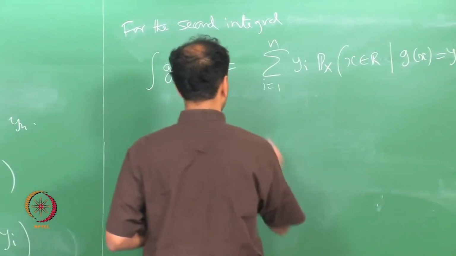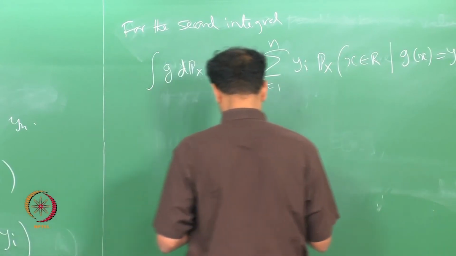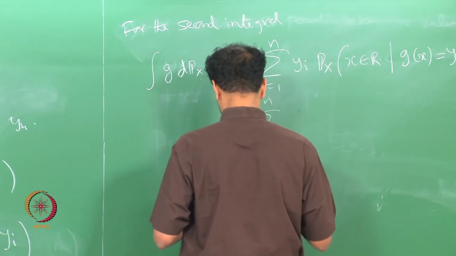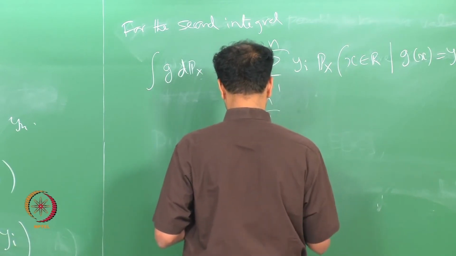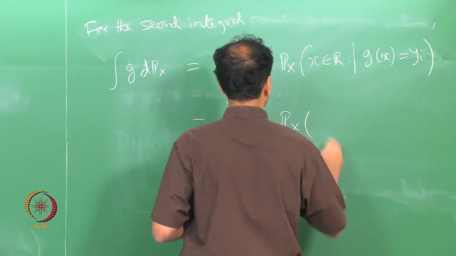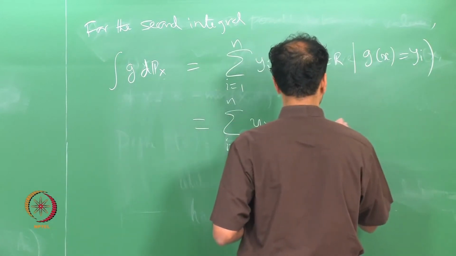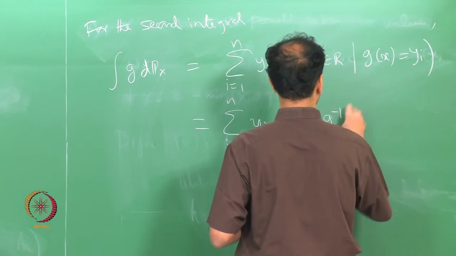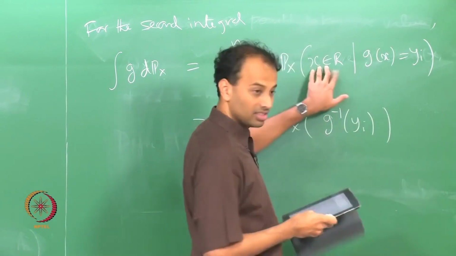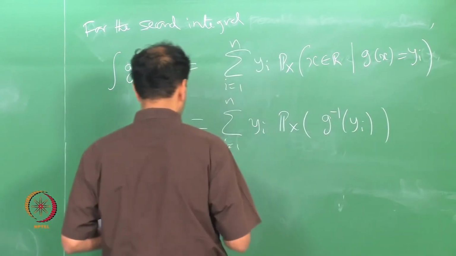So, that is equal to the sum over i equals 1 through n of y_i times P_x of g inverse of y_i. It is the same thing; this set is nothing but the inverse image of y_i under g.